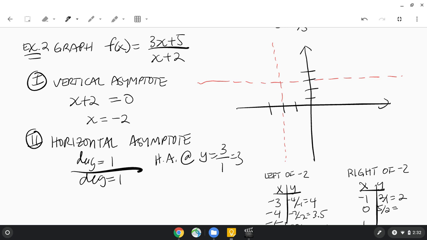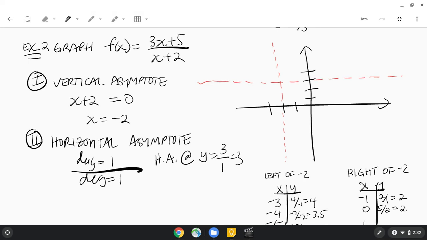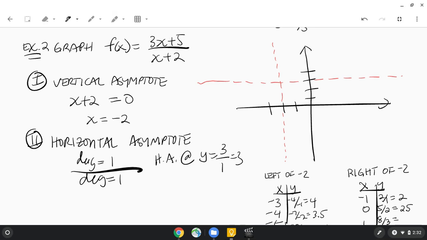That's 2.5. Okay. And plugging in 1, I get 3 plus 5. That's going to be 8. And 1 plus 2 is 3. So we get 2 2/3.